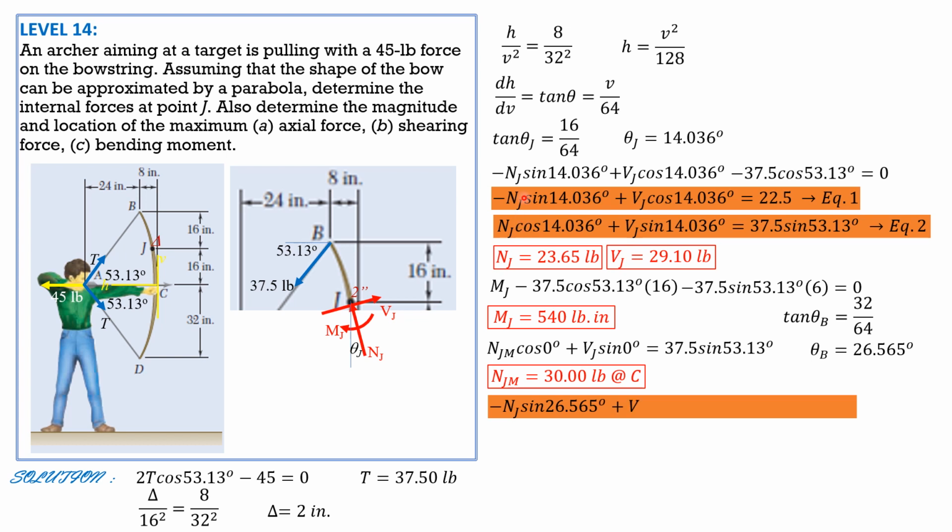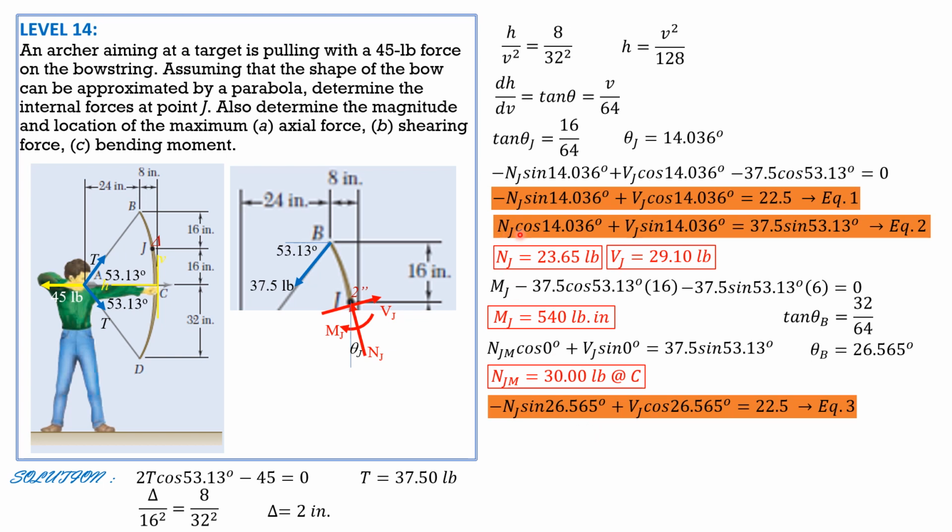Or in equation 1, rather, negative Nj sine of 26.565 plus Vj cosine, we just replace 14.036, and the right side remains the same because it is the constant here.